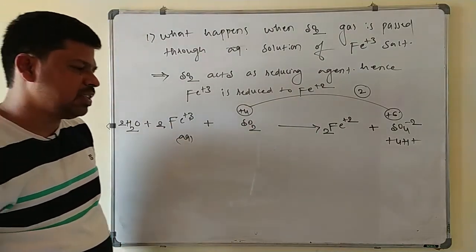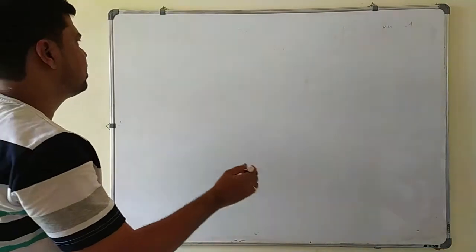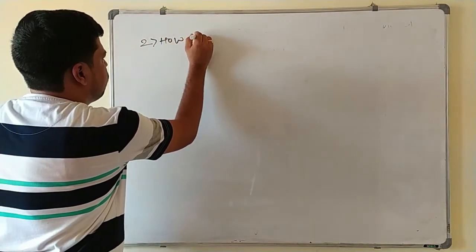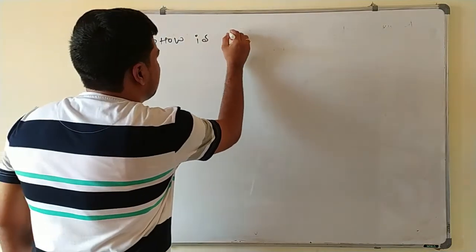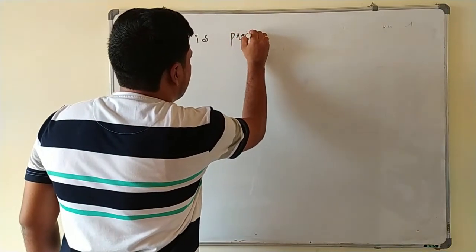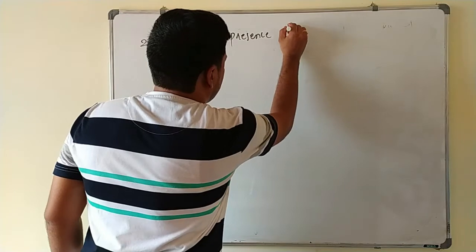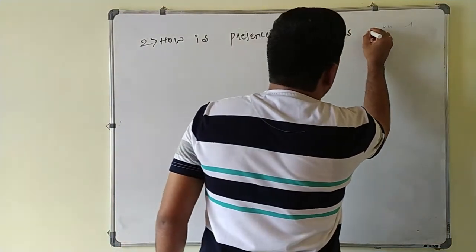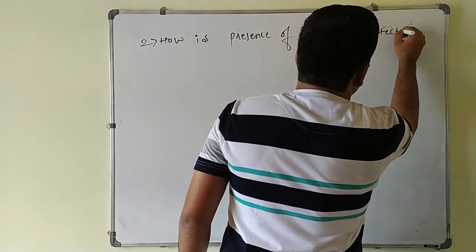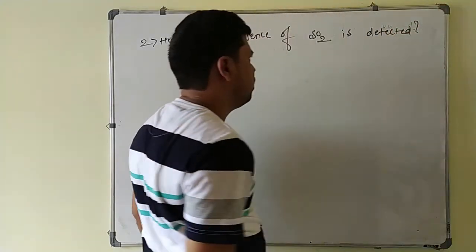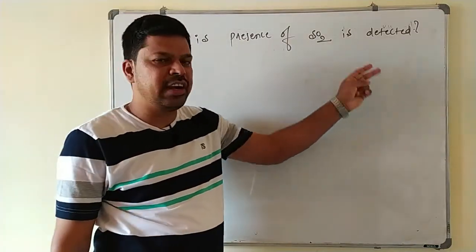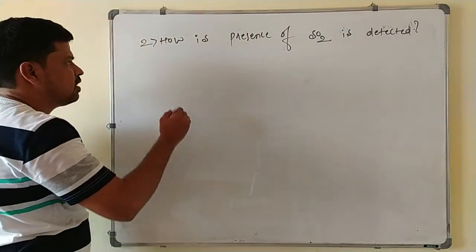Okay, the next question is there. So the next question is, how is the presence of SO2 detected? Okay, it is used as a test for SO2 also. So how is the presence of SO2 detected? Means it decolorizes.